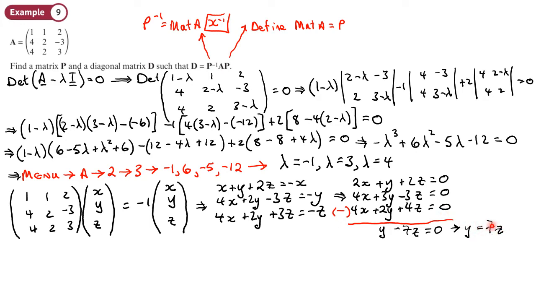Now if we substitute y for 7z here, this will give us 2x plus 7z plus 2z, so 2x plus 9z equals 0, or in other words, x equals -9z over 2.